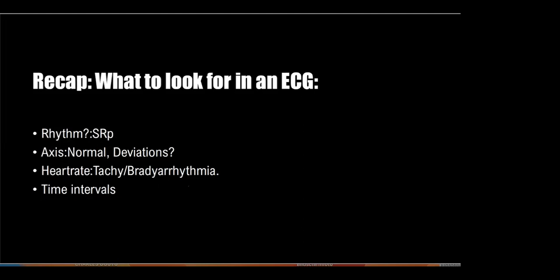So once you have done your routine ECG, what do you look at in an ECG? You must have discussed it last time. The first thing you do is to check if you have a sinus rhythm. Can anybody who was there last time tell us how you identify a sinus rhythm in an ECG?